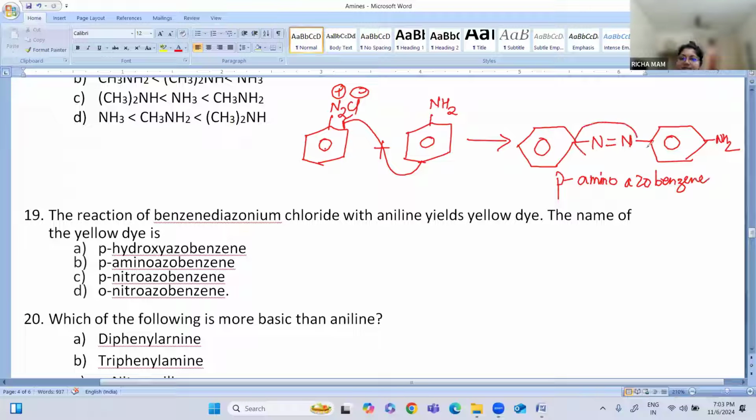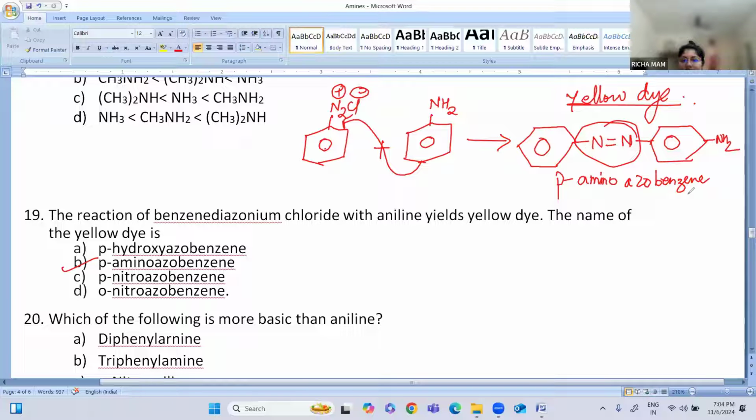When a group like this is there, it is called an azo group. Option number B. The reaction of benzene diazonium chloride with aniline yields a yellow dye, called para-amino azobenzene. Got it?